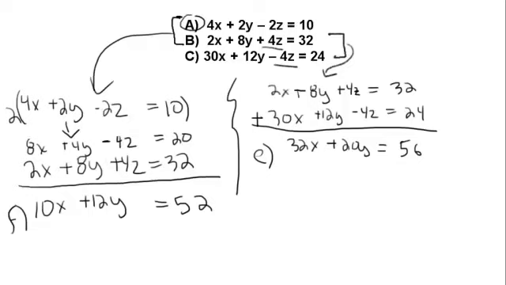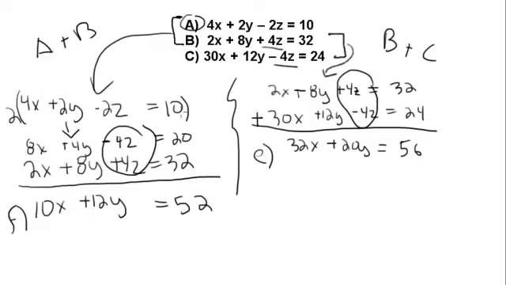I paired them as A and B on the left, and then B and C on the right. And for these two pairs, there's going to be one variable we'll knock out. We knocked out the Z. We targeted Z. You could target any variable you want, but you've got to get rid of the same variable from both pairs.